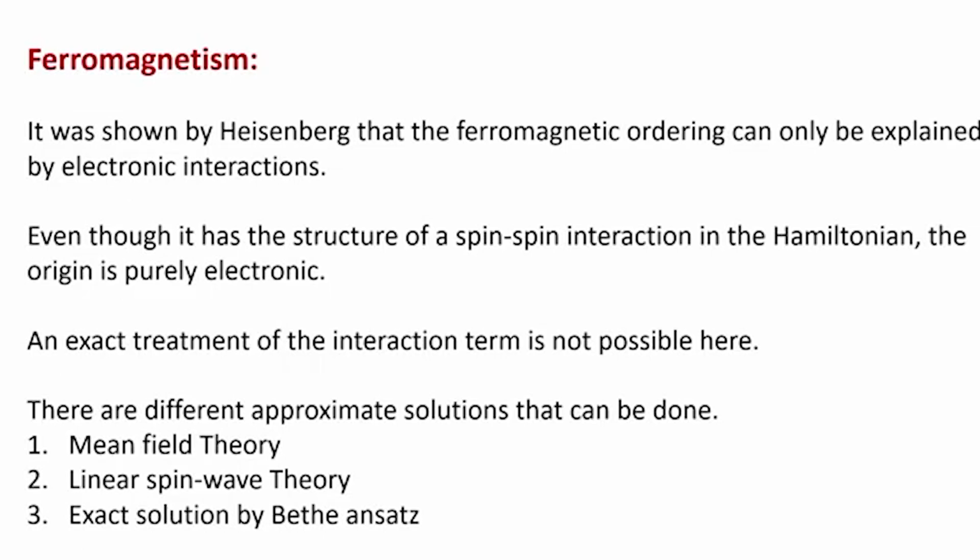If you are interested in an exact solution for a 1D spin chain, you can look at the statistical mechanics course. So, we will do the mean field theory quickly and skip the rest, but there are methods of solving the Heisenberg model for a ferromagnet as well.